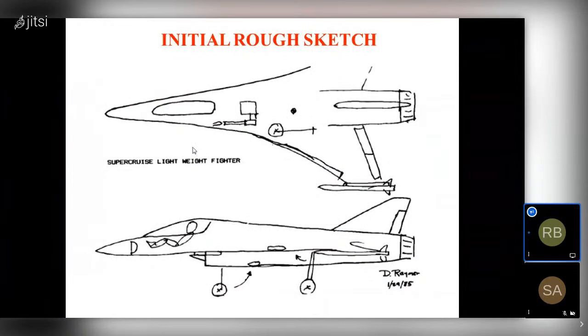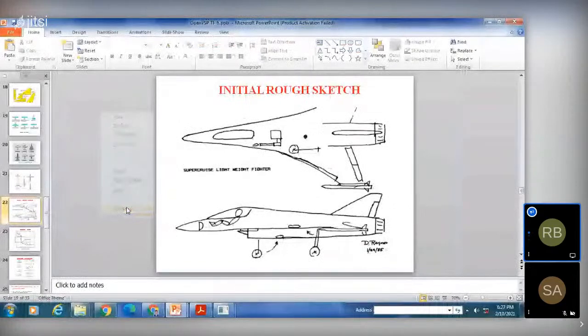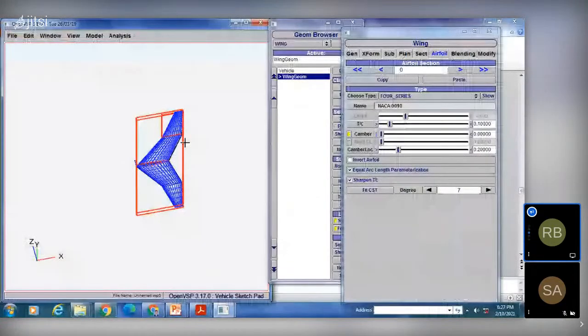This diagram shows the initial rough sketch, that is the conceptual design step, right? That is what we are doing by using our OpenVSP software. The conceptual design, a rough model, not a real model.